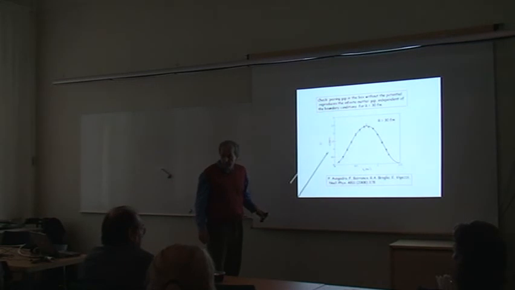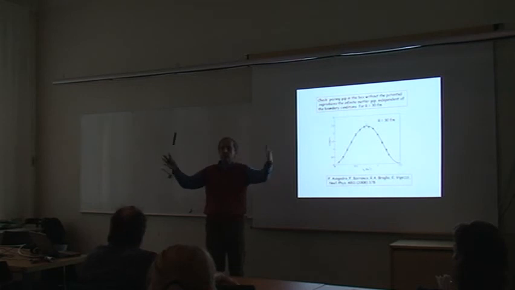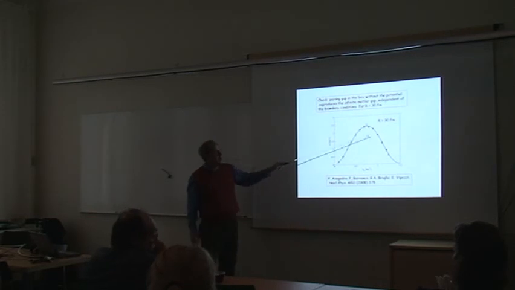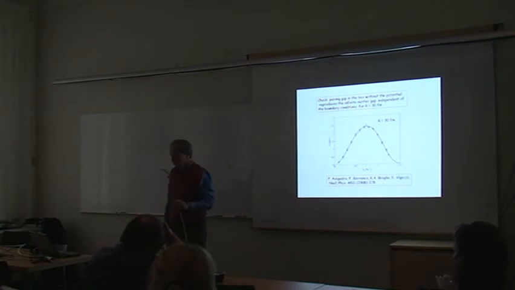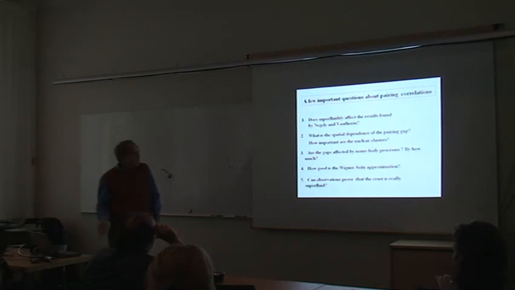This is a pairing gap in a Wigner-Seitz cell calculated at the Fermi energy as a function of density, just a box 30 fermis wide. As far as my experience goes, this is not important for the densities we are approaching.